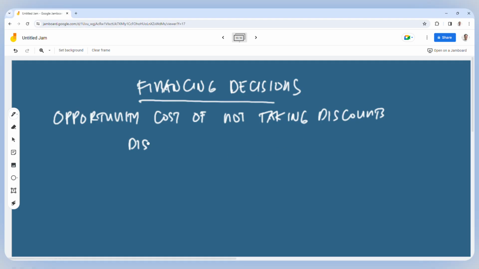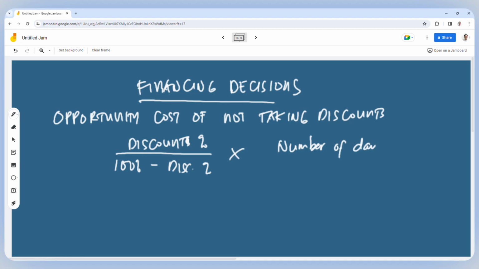Discount percentage divided by 100% minus discount percentage to be multiplied by number of days, which is depende, no? Pwede 365 days, no? Net period, okay? Minus our discount period, no? Yan lang class ang usual na tanong dito, no? Opportunity cost of not taking the discount, no?